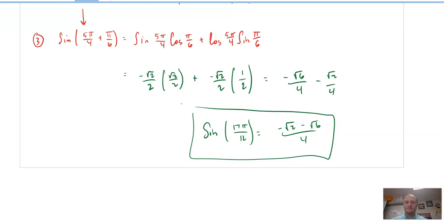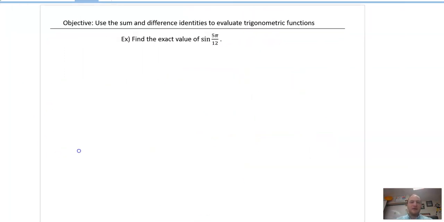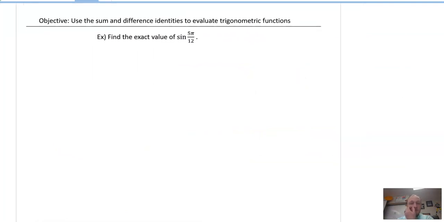All right, so here is a practice problem. Please go ahead and, oh, sorry, this one's not a practice problem. This is another example. We want to find sine of 5 pi over 12. I have a feeling I can make this up with 3 pi over 12 plus 2 pi over 12.